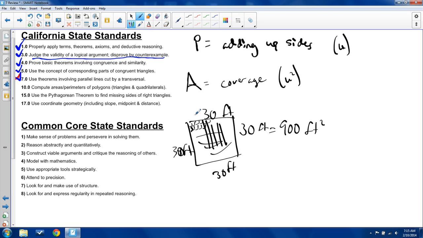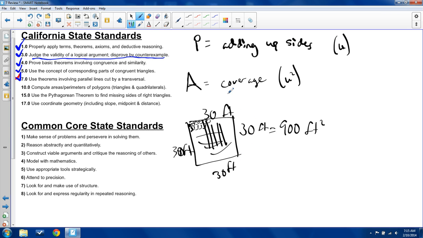If I want to take the perimeter, I'd start on this tile and take a step on this one. That's 1. Take another one, that's 2, 3, 4, etc. You walk across 30 tiles this way, then 30 tiles that way, 30 tiles, 30 tiles. And assuming that you count the corner tiles twice each time, you would end up with 120 tiles counted. You walked 120 feet. So the perimeter is 120 feet.